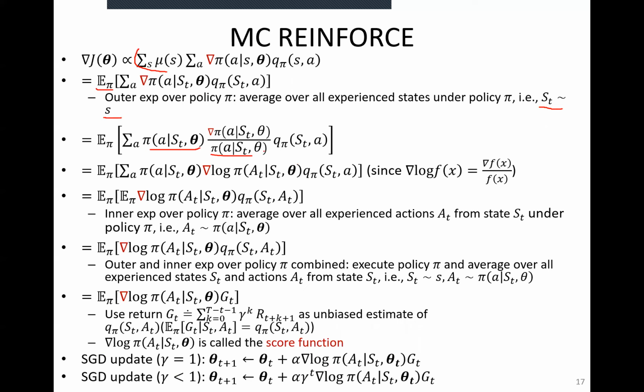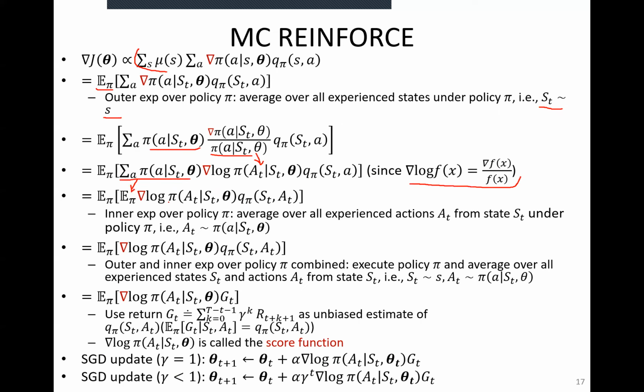And then you replace this term as a derivative of a log. This is because of this basic calculus formula. And then you convert this guy into an expectation over pi.